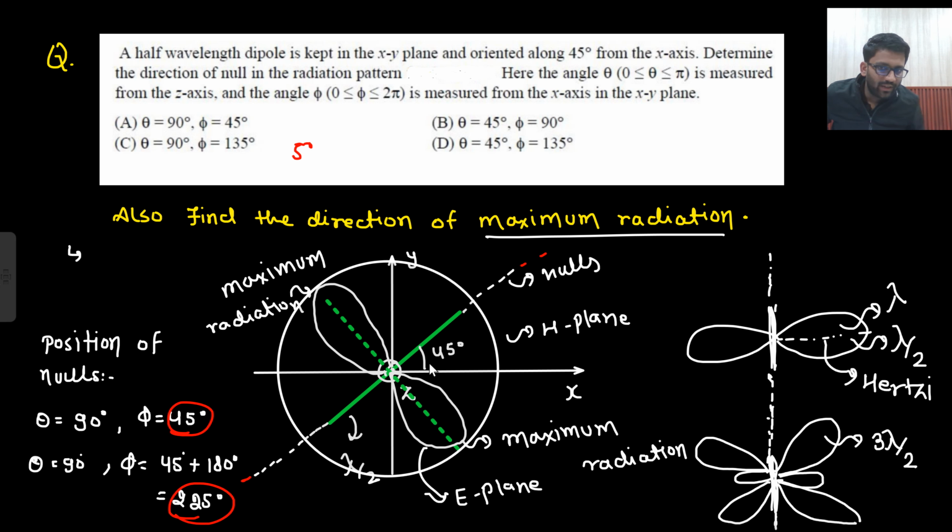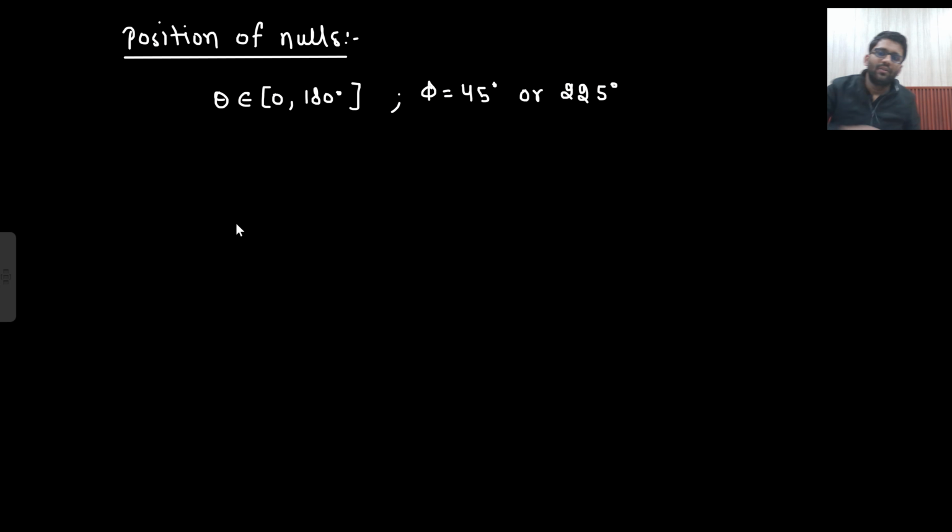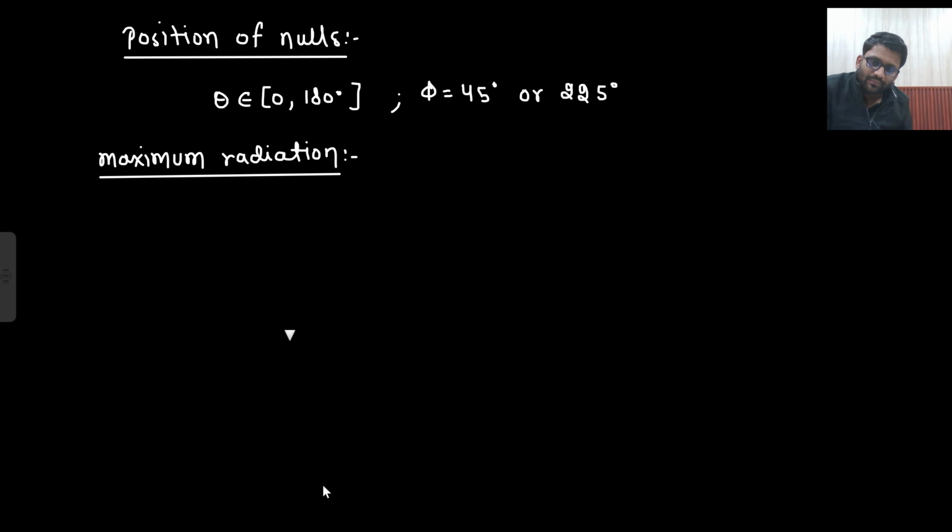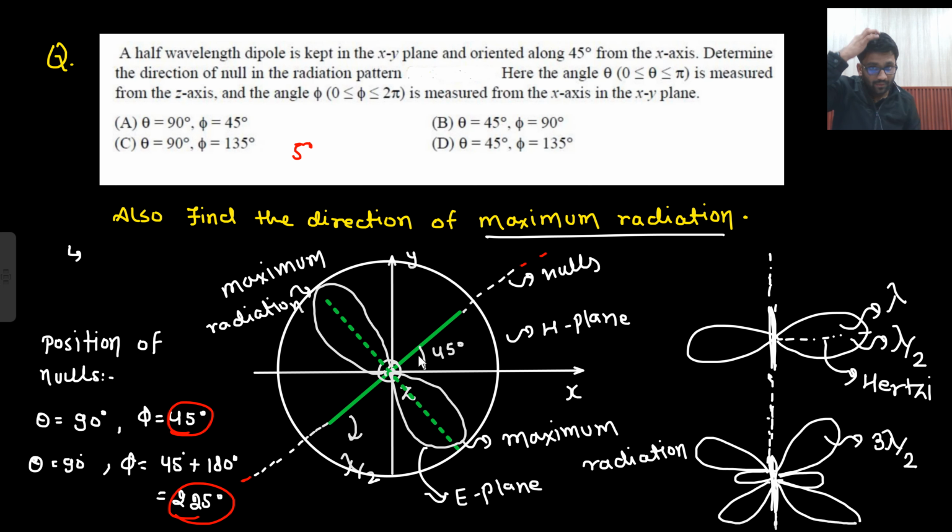At theta equals 90 degree, but making an angle of 90 plus 45. So maximum radiation at theta equals 90 degree, but phi should be making an angle of 135 degree, right? Because 90 plus 45, because at the perpendicular you get the maximum radiation.